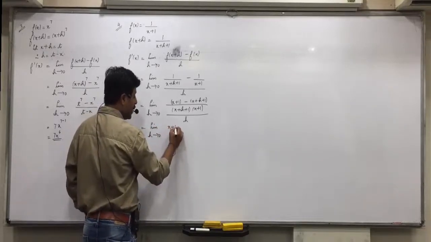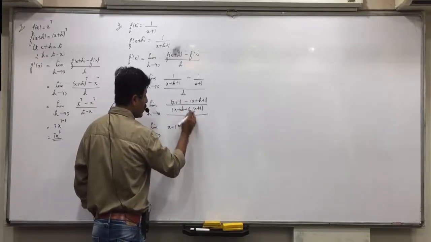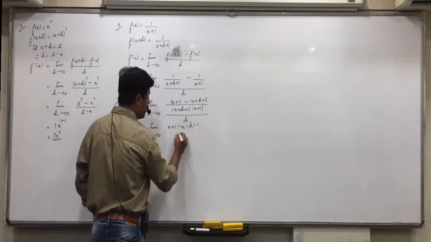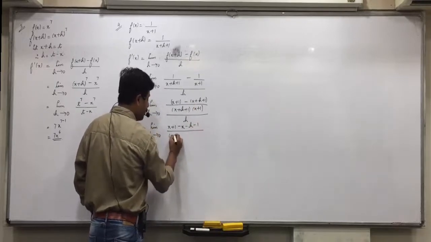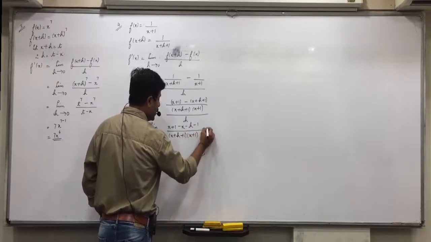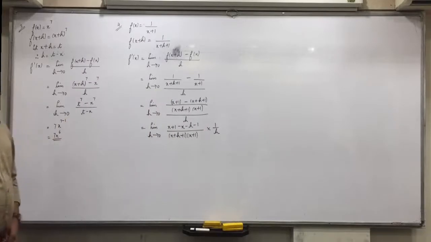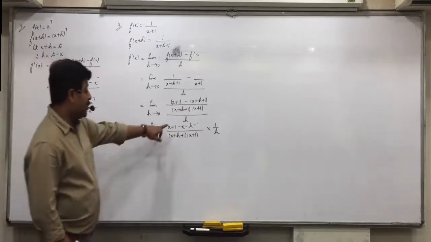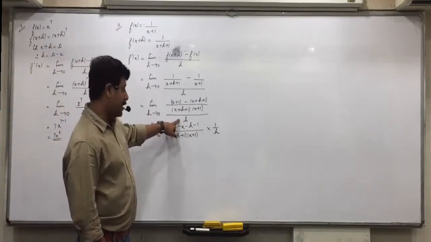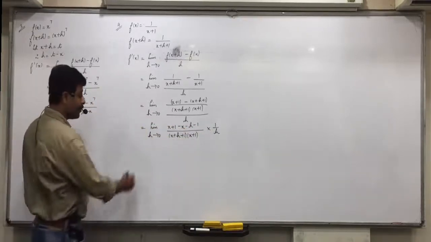Now open the bracket, so x plus 1 minus x minus h minus 1 upon x plus h plus 1 into x plus 1. Now can I say divide by h means into 1 upon h? Divided by h means multiplied by the reciprocal 1 upon h. Is everyone clear with this?